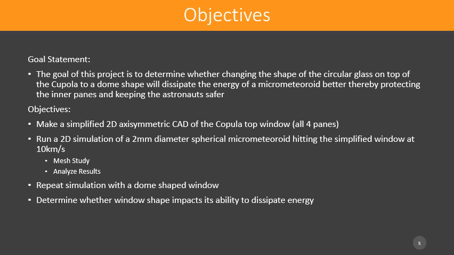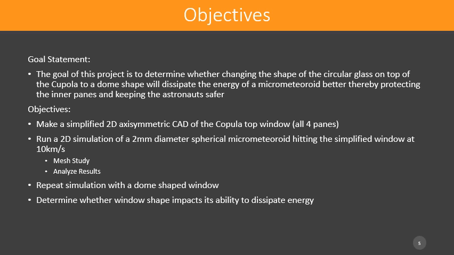So 2 millimeters in diameter was on the larger end of the average size debris that they run into hitting the ISS. So I wanted to make it a worst case. And 10 kilometers a second is also kind of a worst case speed. So I wanted to design for the worst case.